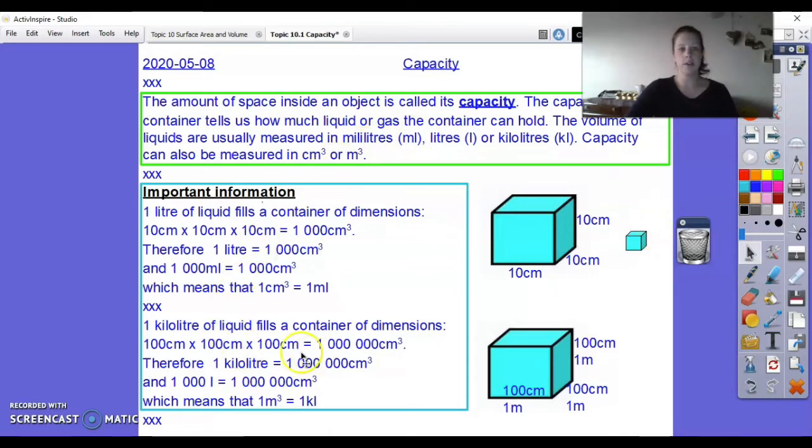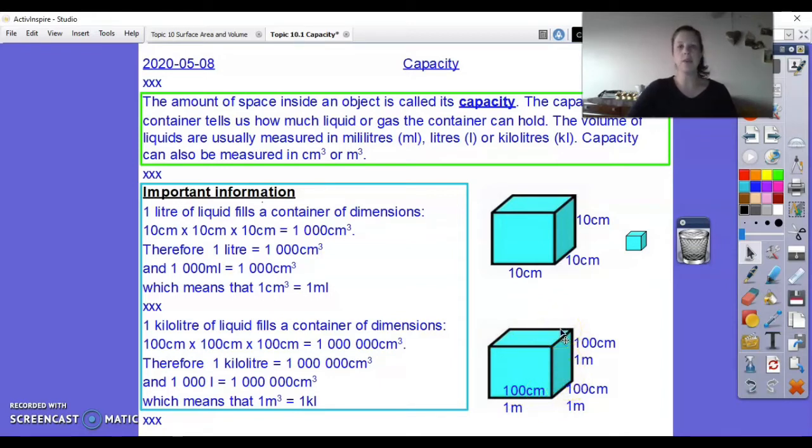Right, moving on. 1 kiloliter. So now this is 1,000 liters. So 1 kiloliter of liquid fills a container of dimensions. So I've got a container over here, and it's got dimensions of 100 centimeters by 100 centimeters by 100 centimeters.